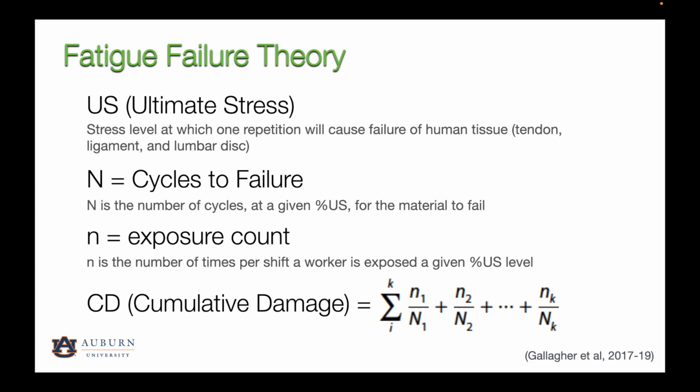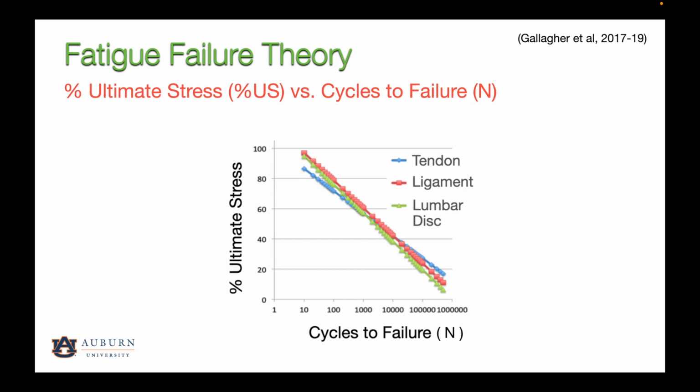And say if it was 100 cycles to failure and I did 10, it's going to be 10%. It's going to be much higher. 10 divided by 100. But that shows you the basis of how the fatigue failure theory is additive in nature, and it also looks at different force levels independently, and so you can look at the cumulative impact.